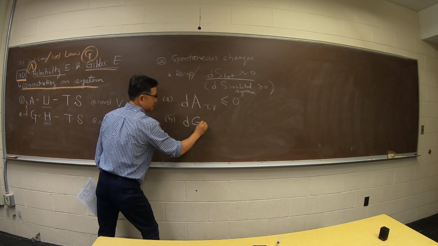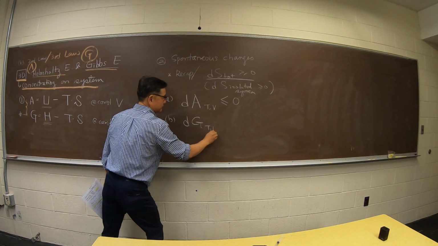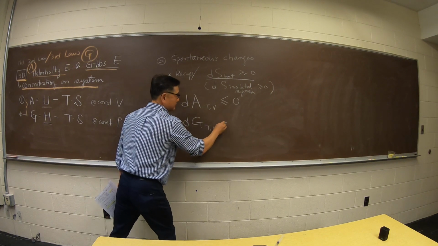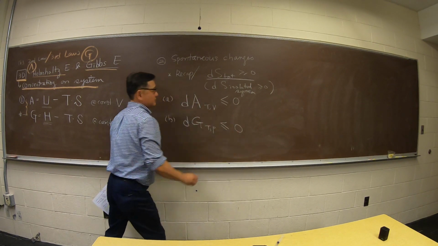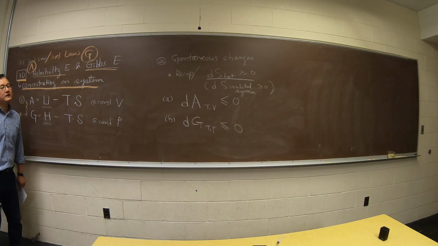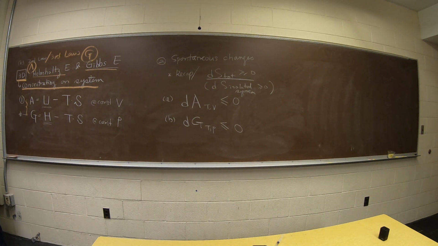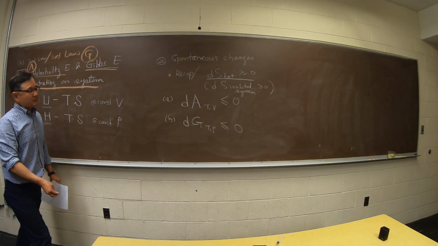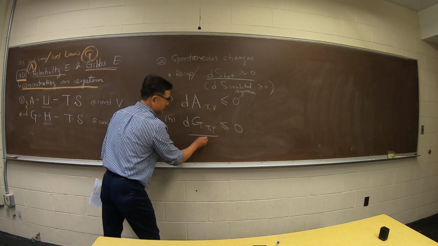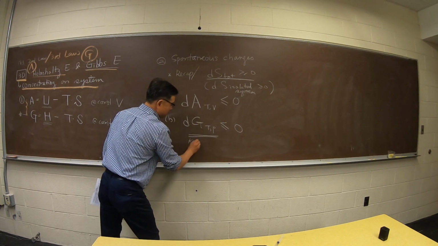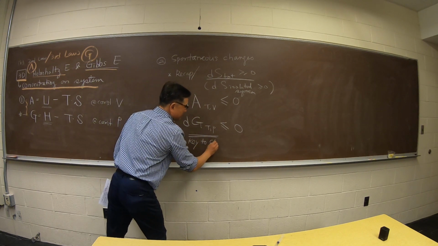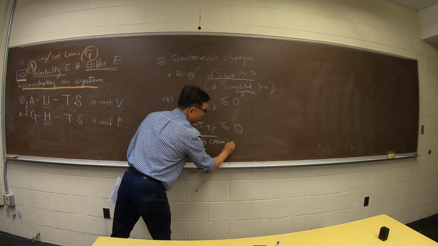Under constant temperature and pressure, the system undergoes spontaneous change in a direction for which the Gibbs free energy goes negative. And this one is really the key to what we call chemical thermodynamics.